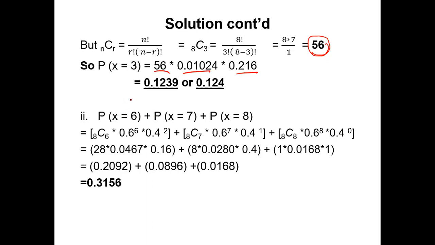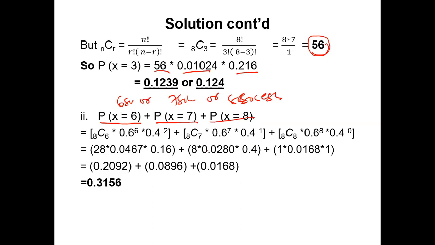We are looking for 6 successes or 7 successes or 8 successes. And we all know that the or here means addition. So we have probability of 6 successes plus probability of 7 successes plus probability of 8 successes.